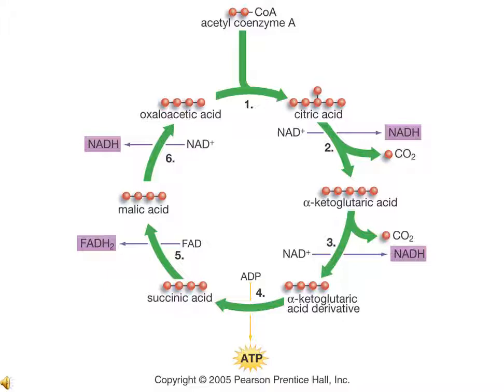But if you look carefully, you'll see that these atoms go through a series of reorganization. They go from acetyl coenzyme A to citric acid to alpha-ketoglutarate acid, and so on, and it's a circular process.